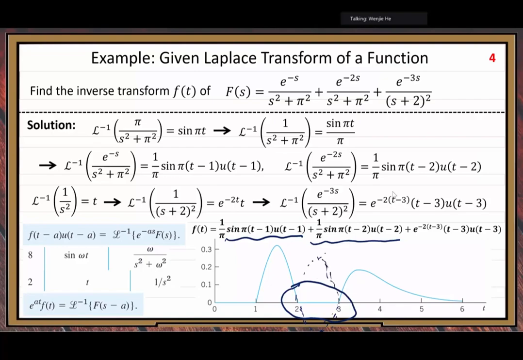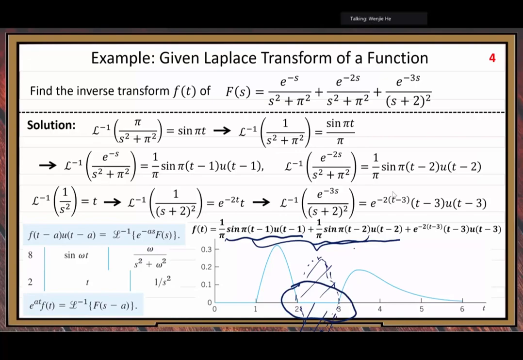Then, adding together the positive part and negative part, the shape is exactly the same, the basic sine function shape, with the same period, right? So the positive half and negative half cancel out when you add them together. That's why between 2 and 3, you see 0. After cancellation, you have 0.